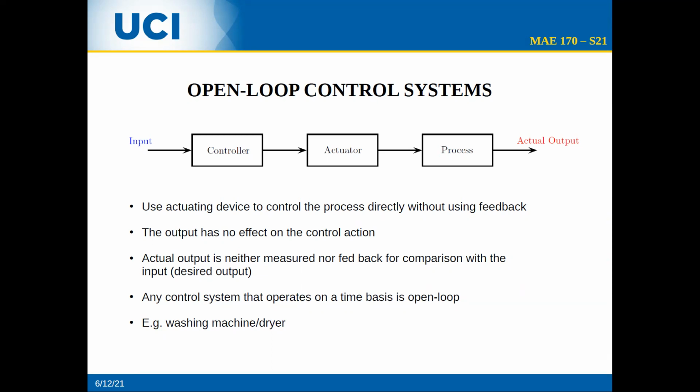You know that there are not going to be disturbances or variations. Let's say the environment is very controlled. You expect it to behave exactly like you've predicted. You've modeled the system very well. So you can just use an open loop control system tactic.